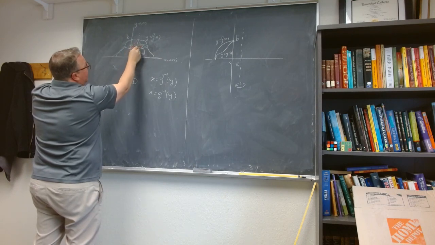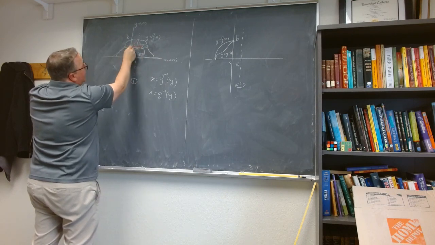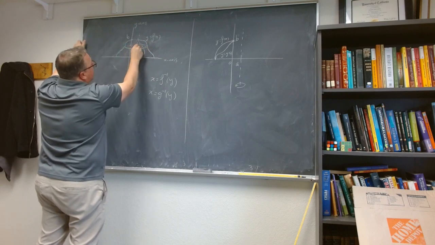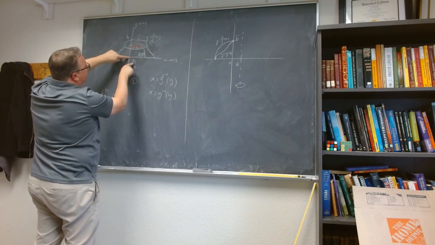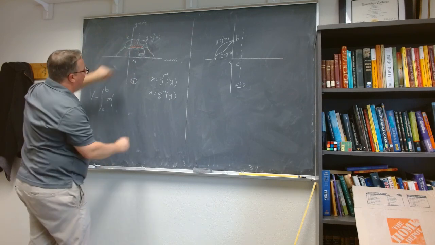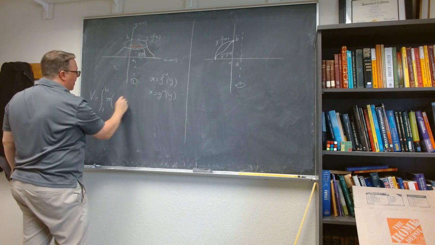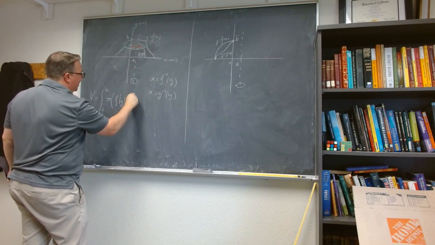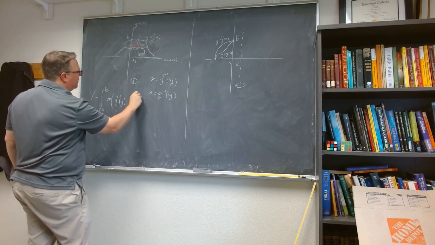It's going to be the f value, so this is where x is, but we have to take away this a because a cuts into that radius right here. So we're going to do the x value, which is f inverse of y, but this time we subtract a, and we're going to square it.